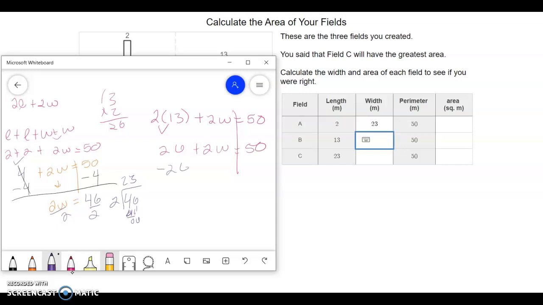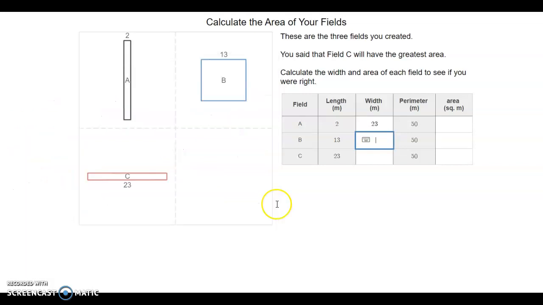And again, following the same process to get that 2w by itself, 50 minus 26 is going to give me 24. And if I divide this by 2, w equals 12. So this one is 12.